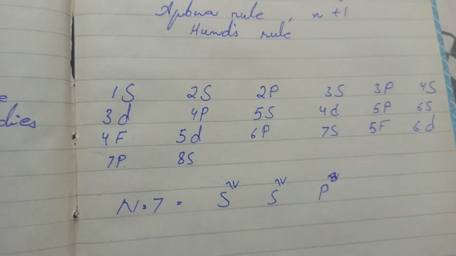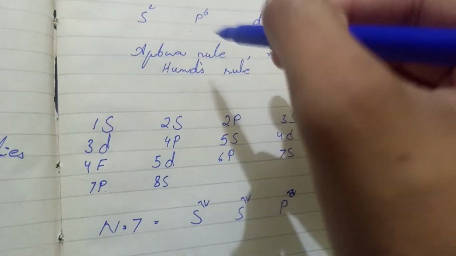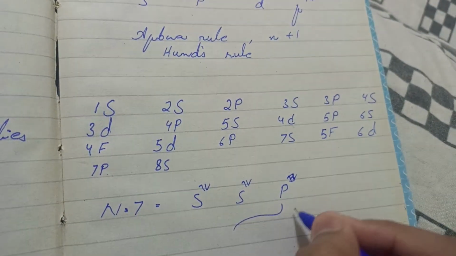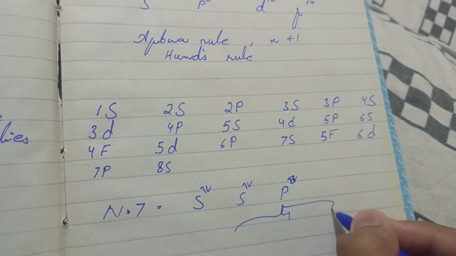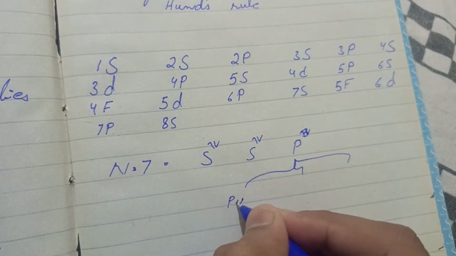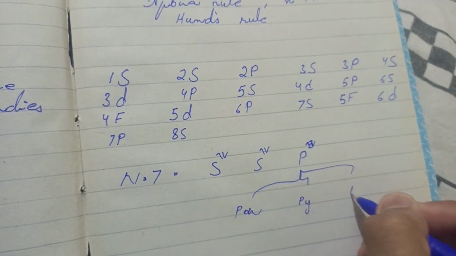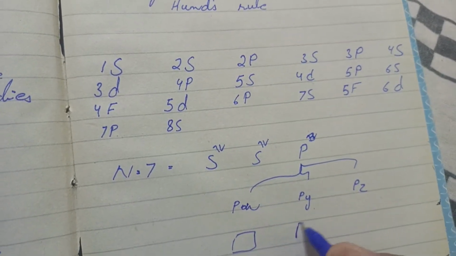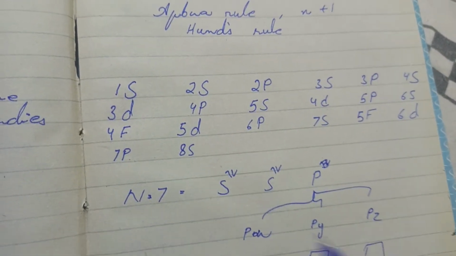Now a rule will apply here. As we have discussed, px, py and pz are suborbitals, and in them we fill the electrons; here we have only 3 electrons.